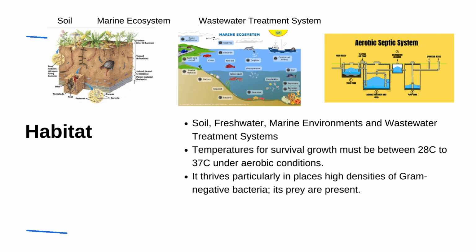Within these different environments and habitats, Bdellovibrio needs to be able to move swiftly as well as freely, so it is able to reach its prey and is able to function and survive.